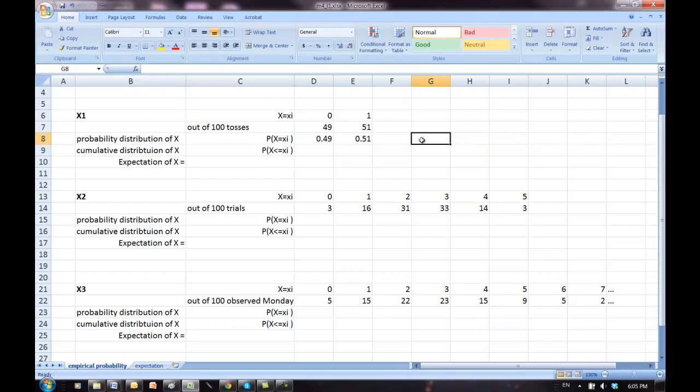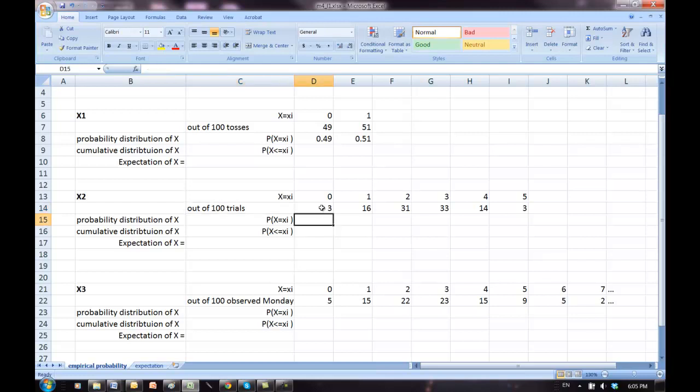So similarly, we can calculate the probability of each value for the second variable, which is the number of heads coming out of 5 consecutive tosses. In this case, our experiment will be more complicated. In each trial, we need to toss the coin 5 times, and then we need to repeat the same trial 100 times.